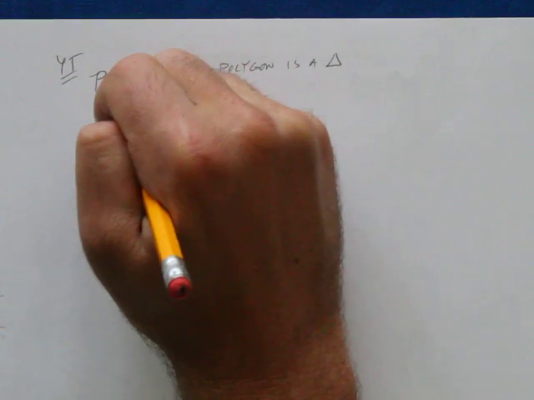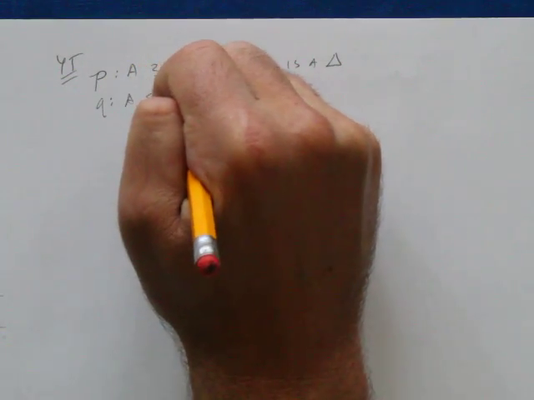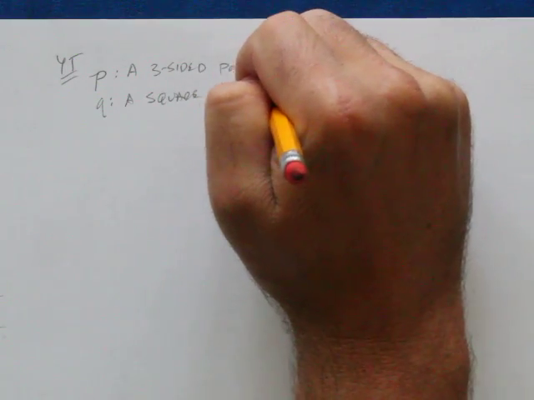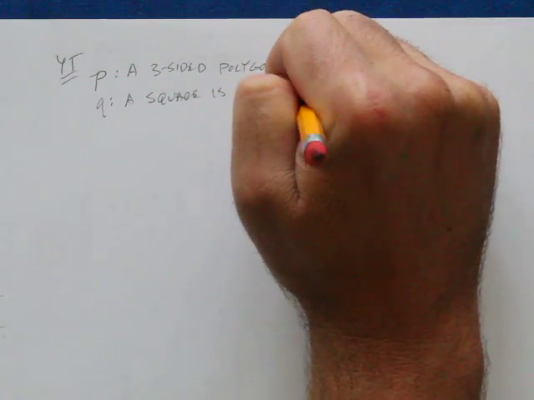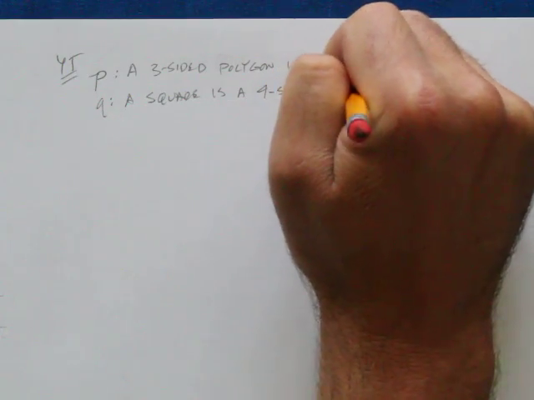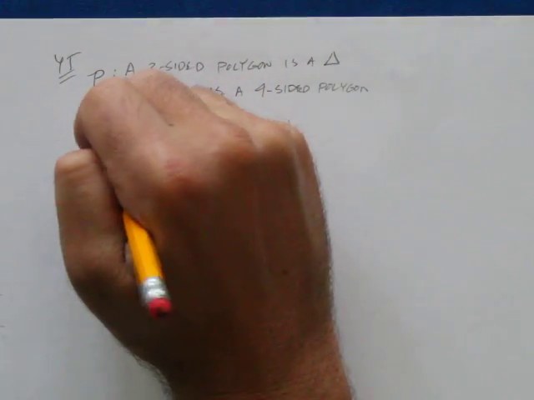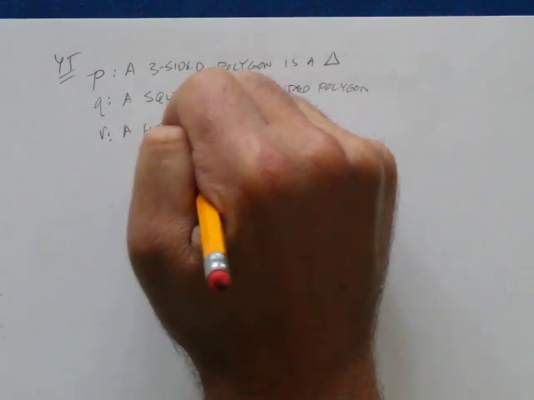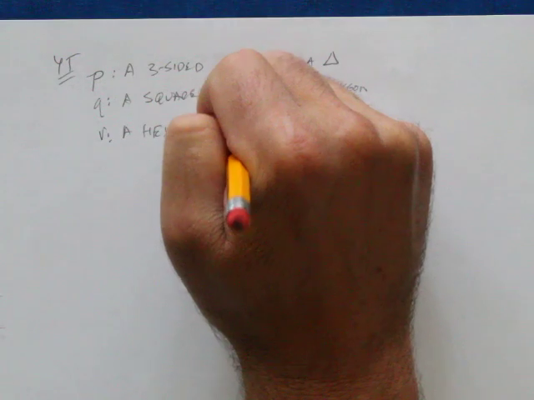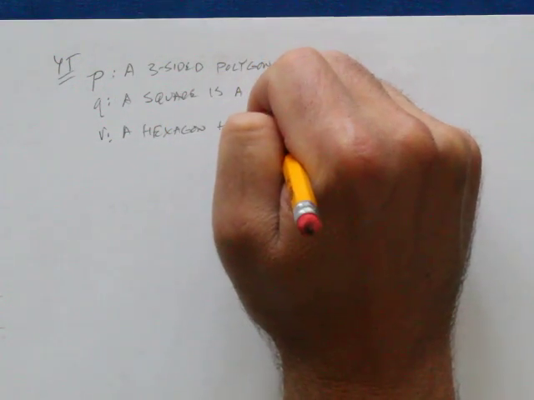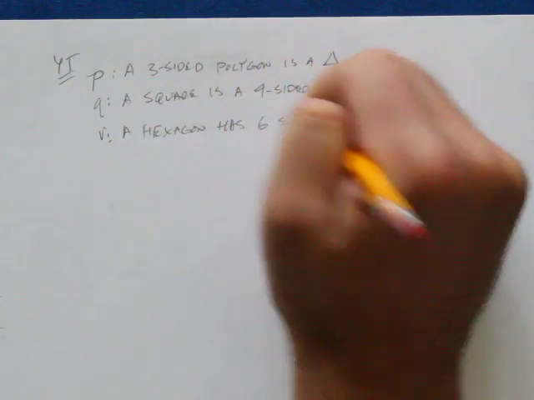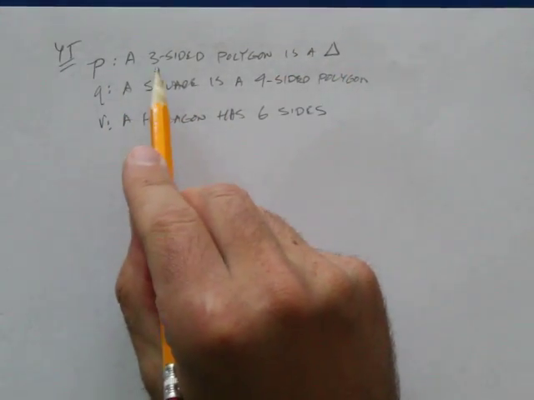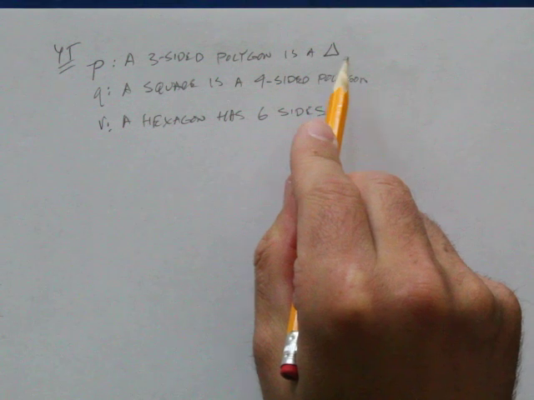Q, a square is a four-sided polygon. And R, a hexagon has 6 sides. Okay, so we can agree a three-sided polygon is a triangle.